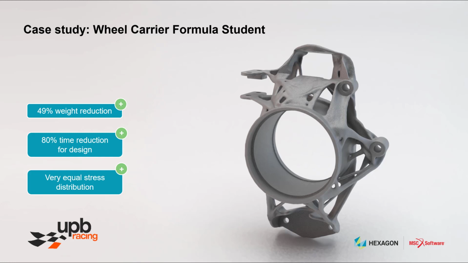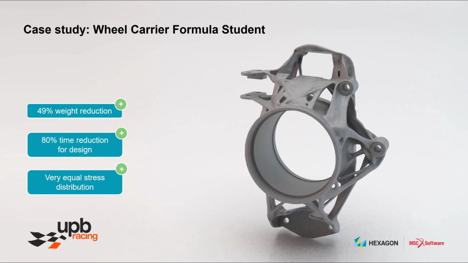So the part is burdened with a lot of different loads like acceleration, deceleration, cornering, etc. And it needs to be very lightweight. So we have gone through this optimization and gained around 50% weight reduction compared to what was there before, with around 80% time reduction for the design time. So beforehand, this took weeks, and now this can be done in hours.